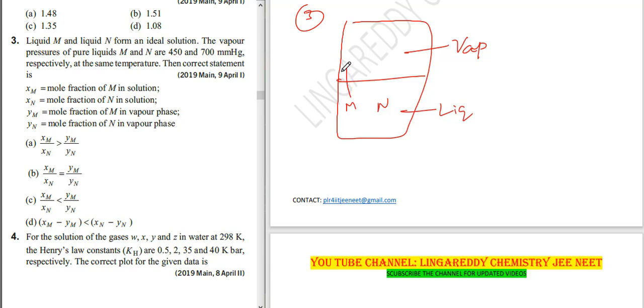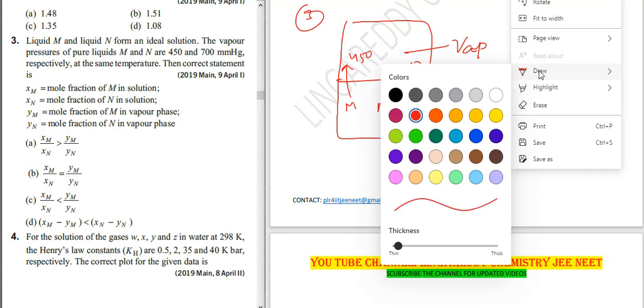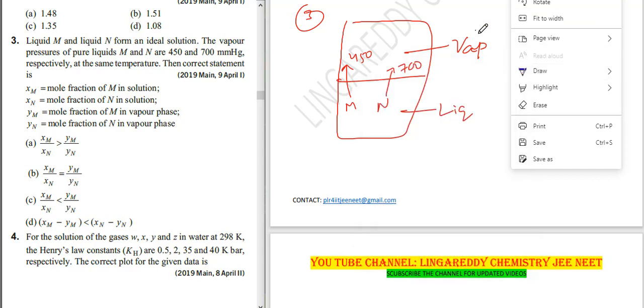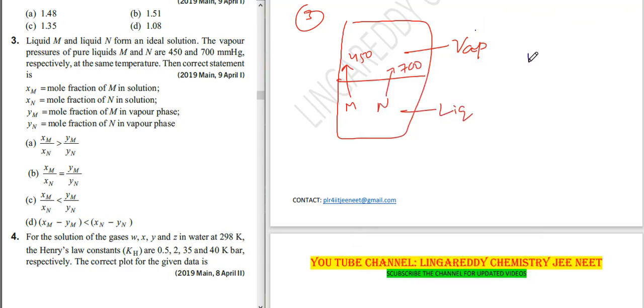The partial pressure of M is 450, the partial pressure of N is 700. So from this we can conclude M boiling point is more, N boiling point is less, because vapor pressure is more.